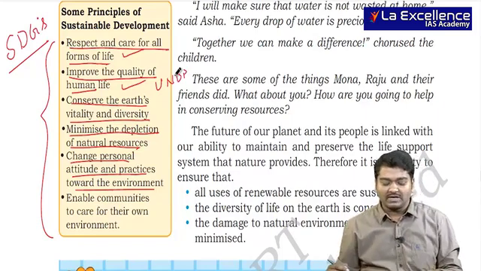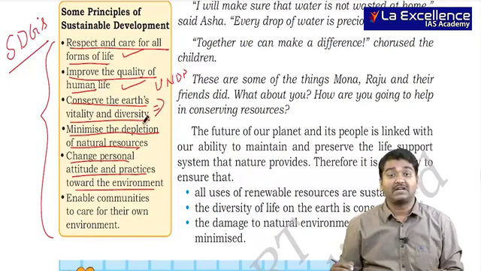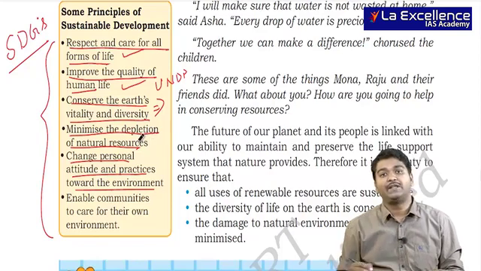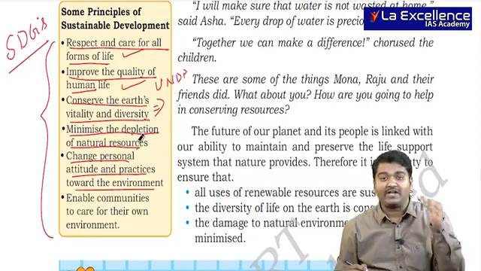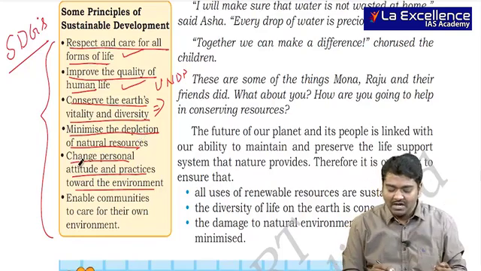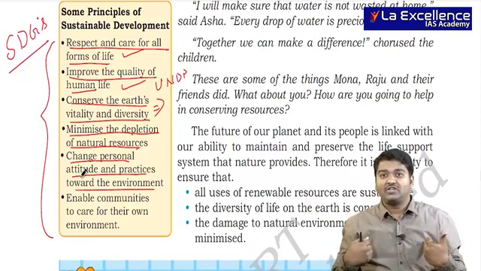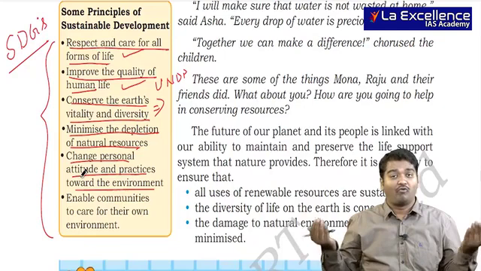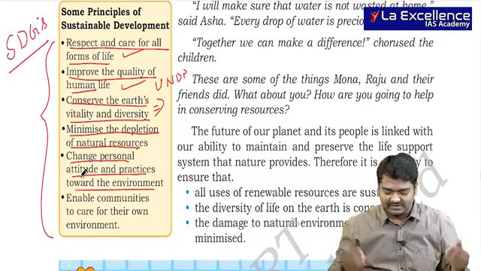When we talk about conserving the earth's vitality and diversity, ecological concerns such as pollution and climate change are required. Minimize the depletion of natural resources: use them in such a way that we can benefit now and also benefit in future. Change personal attitudes and practices, that is, every individual should aim to ensure that there is conservation of water, land and other resources which are very, very important for us.